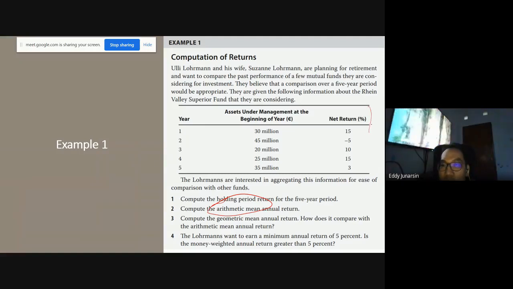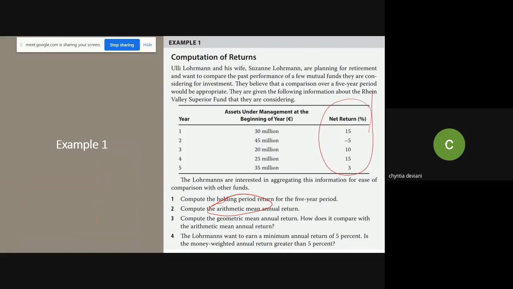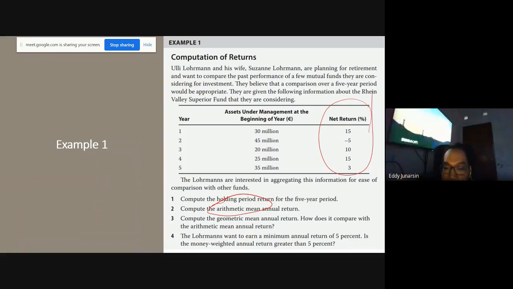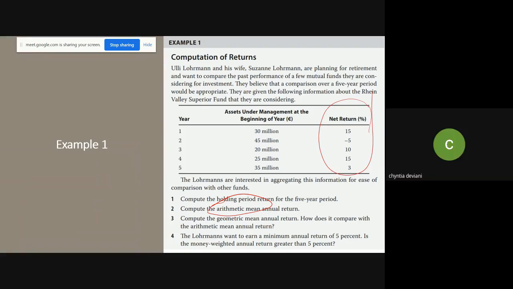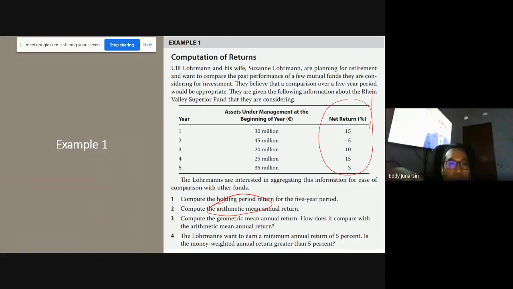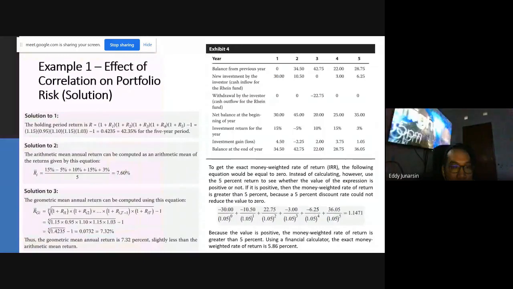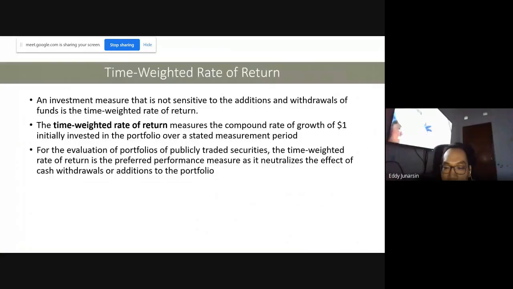And then? Minus 15%, minus 5%. Yeah. And then? 15% plus 15% plus 3 divided by 5. Yeah, that's right. So you got what? 7.6, right? About that. Just add them together divided by the number of observations. What else?